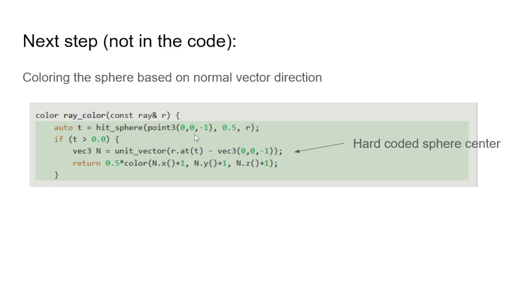Obviously, minus the center of the sphere, we're going to get a normal that's just pointing straight out of the sphere, right? And then we're just going to return some color based on this. And we get this. And that's pretty much what I had planned to present for today.